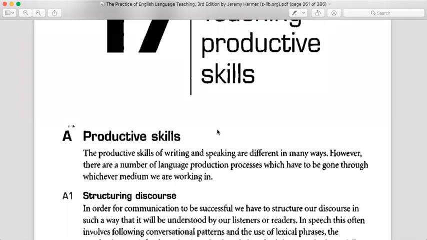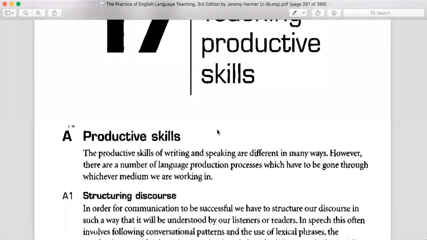The reason is that the goal of teaching productive skills is communication. When you teach your students a language through segregated sentences or isolated examples, you might be giving them practice of aspects of the language, but as we have already seen through the methods, this does not result in communicative competence.